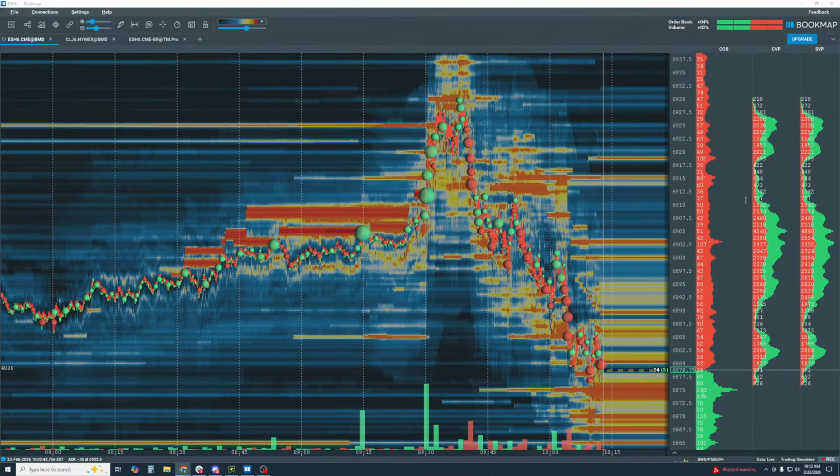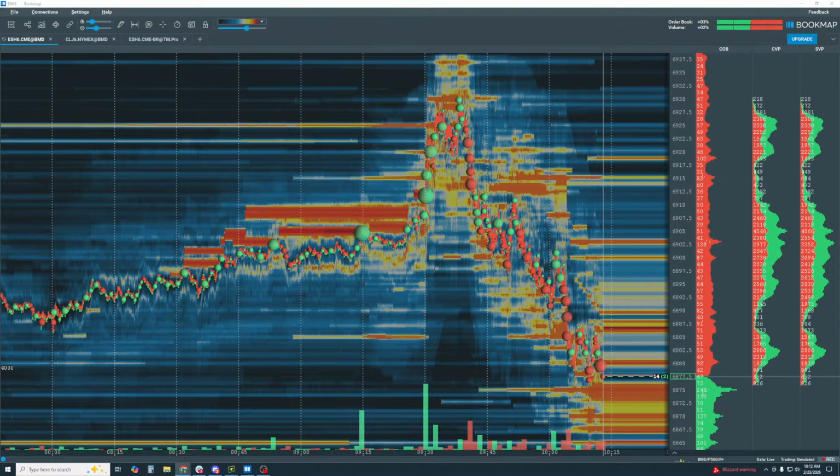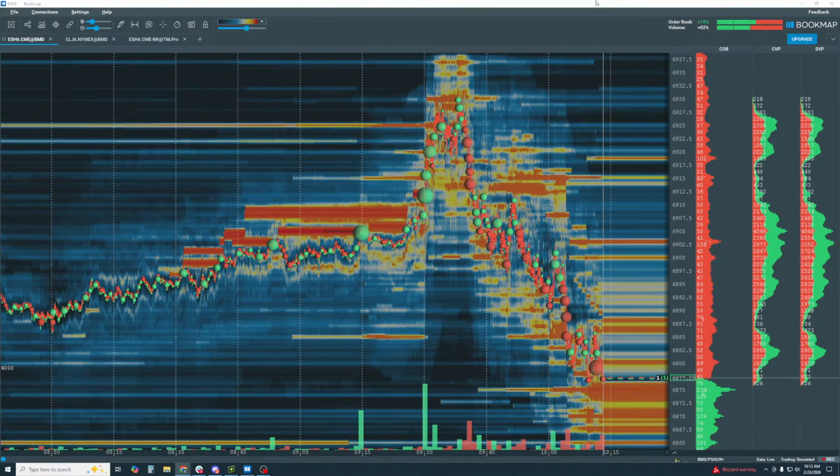So we have some volatility in the markets, and we can see that the VIX is up. It's just above 20 right now.